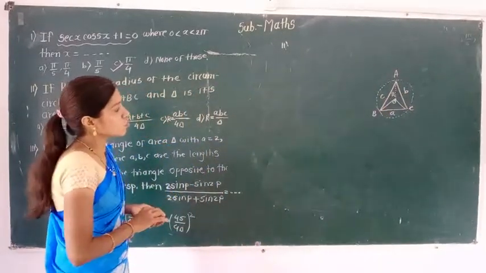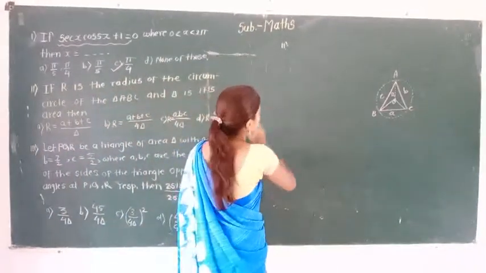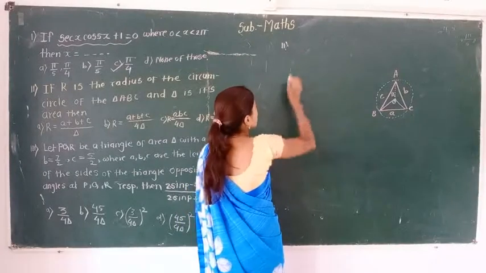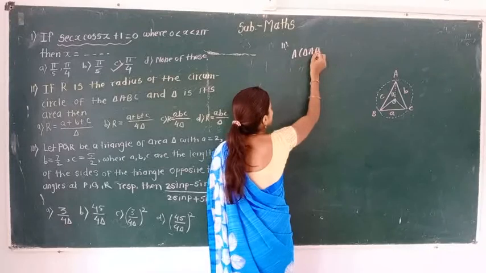Here is the radius of the circumcircle. Okay, now see, for finding the radius of the circumcircle we know the area of triangle ABC.